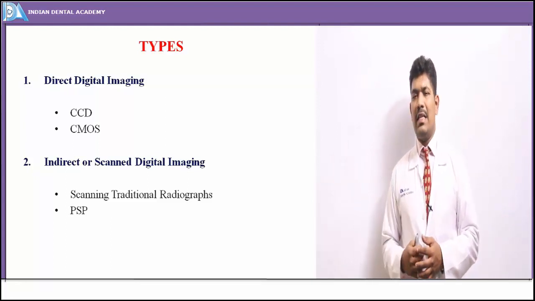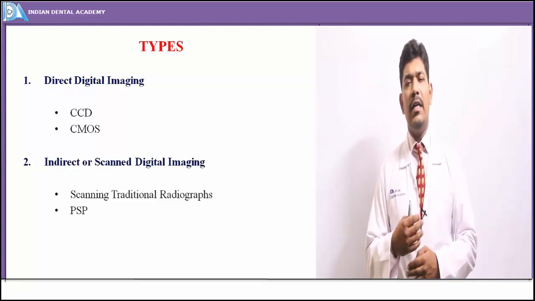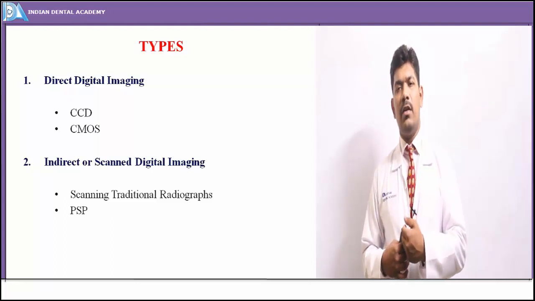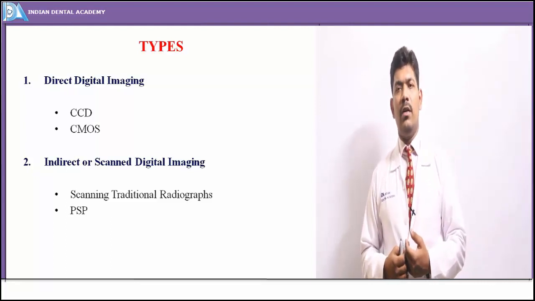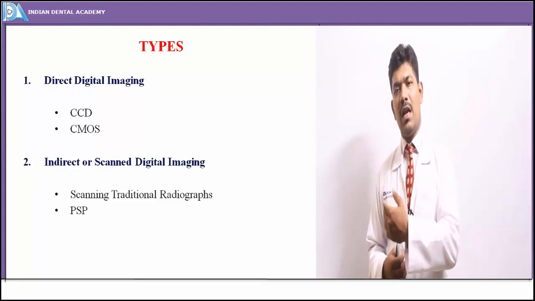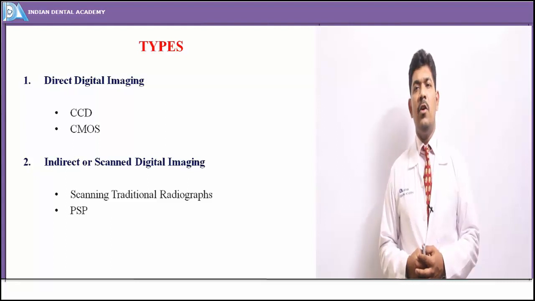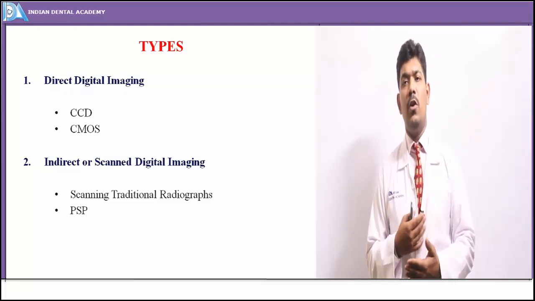Now the indirect or scanned digital imaging is the more traditional or conventional kind of digital imaging, wherein you take your traditional images using X-rays as hard copies, and then scan these traditional radiographs so that we can conserve their properties or image characteristics for a long time.